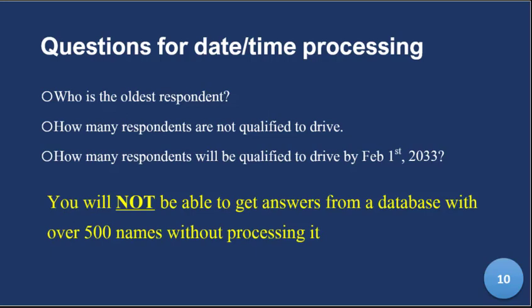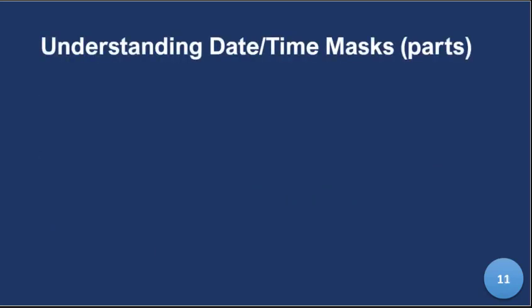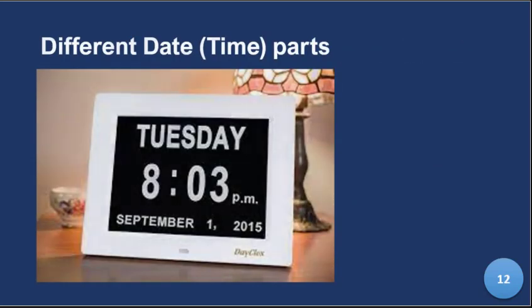In order to process them, we need to establish certain facts about date and time, which you may have seen but did not take note of. Technically in Stata it's called a date mask, but I call it date parts or time parts, the parts of time variables. You must have seen some kind of digital clock like this before, and it will help us illustrate.